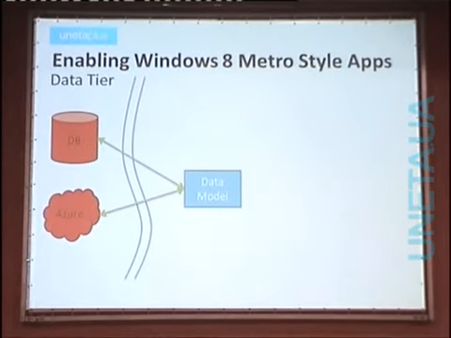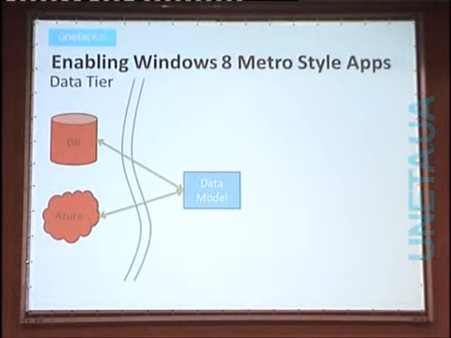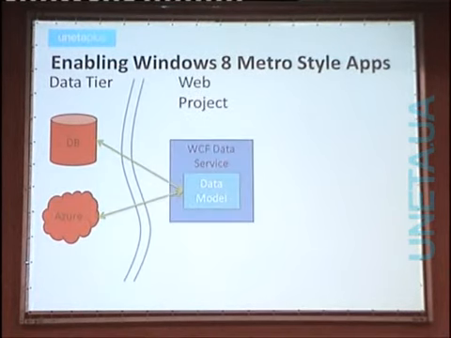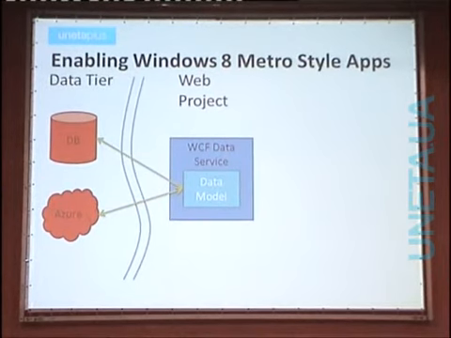Okay, so the idea is that you have a database that could be local to your service, or it could be a database in SQL Azure, for instance. And you create a data model using either code first or some other way, using model first or database first with EF.